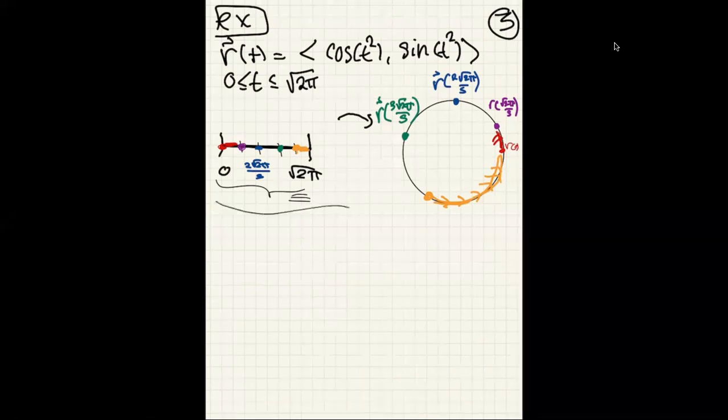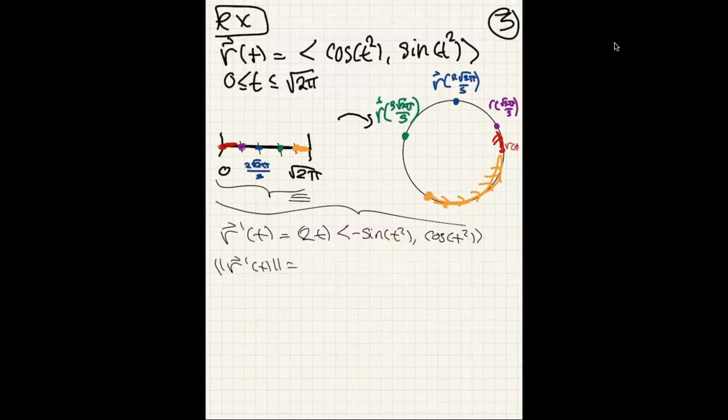So let's find the derivative. R prime of t, well, if you believe me, by product rule, by chain rule, a 2t is going to pop up out of both components, and I'll get negative sine of t squared and cosine of t squared. And to compute the length of the derivative, this number just pops right out.